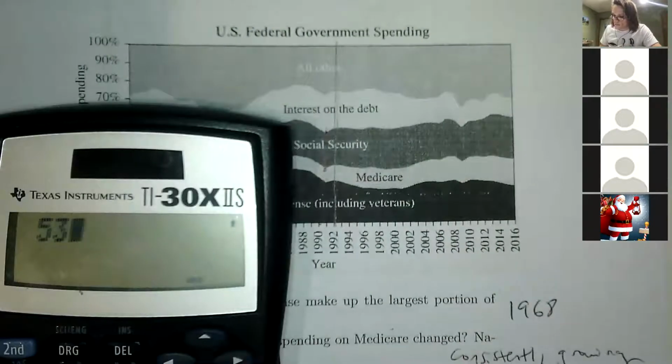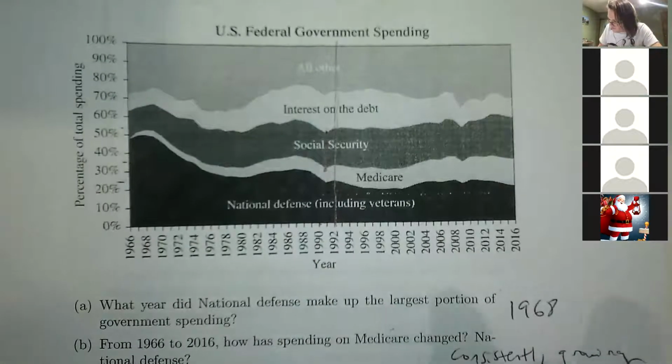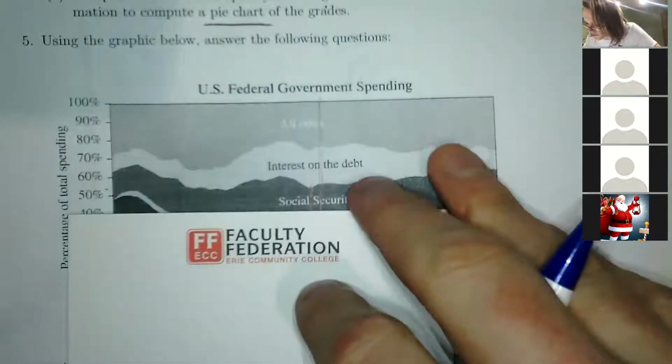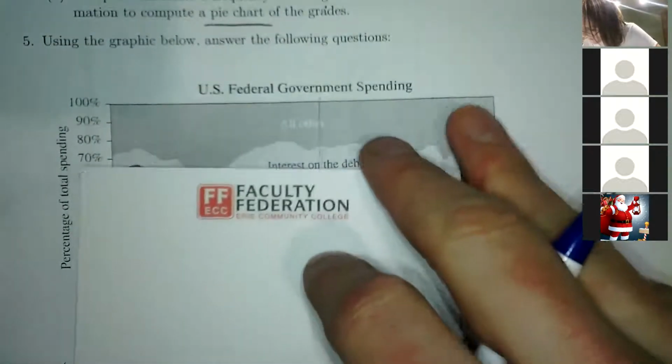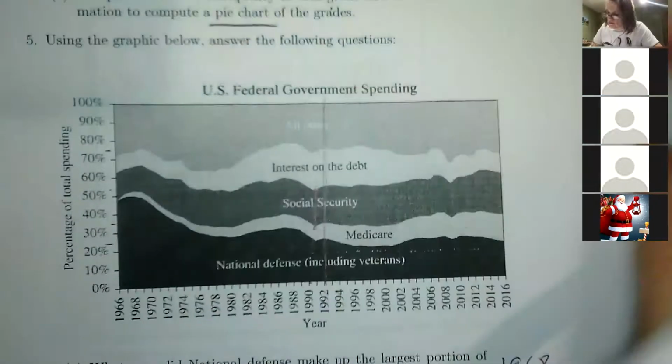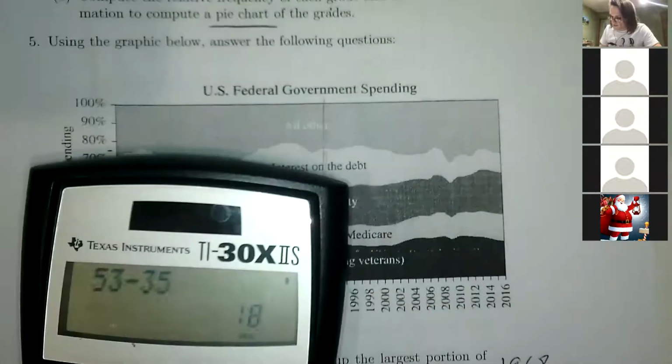So 53 minus 35, about 18. Debt. So it was 53, and then it was 75. So 75 minus 53, 22.